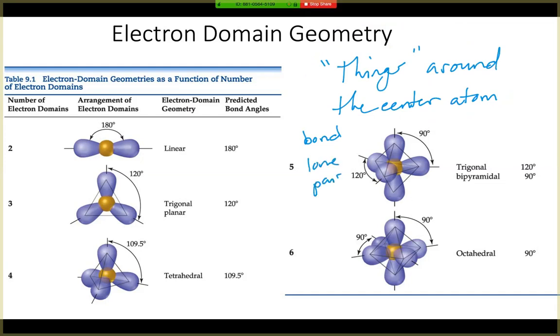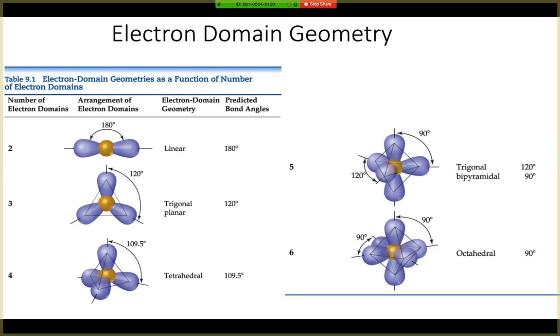Both we're going to count as things. I'll show you in an example what I mean. If we count up the number of places around an atom where there's electron density, that will give us the total number of electron domains.